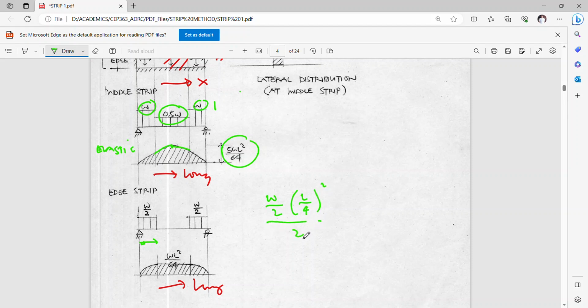It's simply a cantilever, just like W prime x squared over 2, where W prime is this one, x is L over 4, and the 2 is a constant, the cantilever moment arm. So this becomes 16 times 2, 32 times 2, this becomes 64.